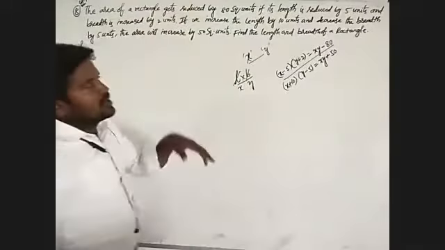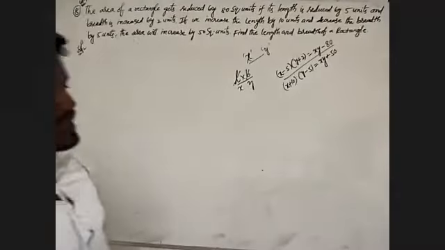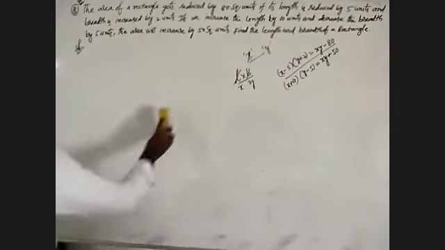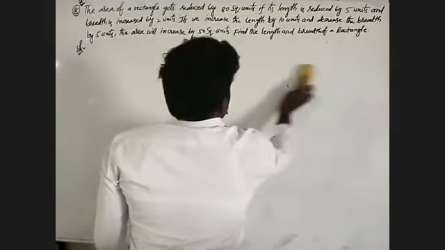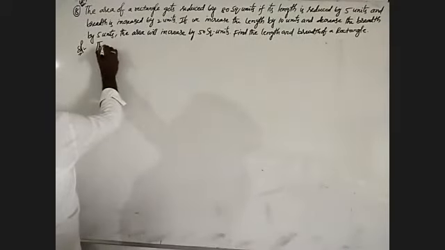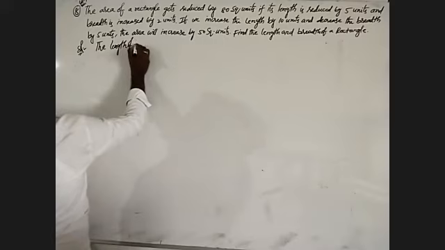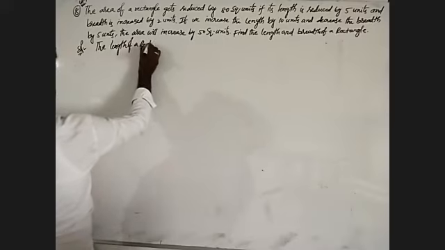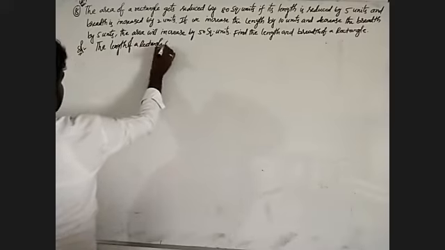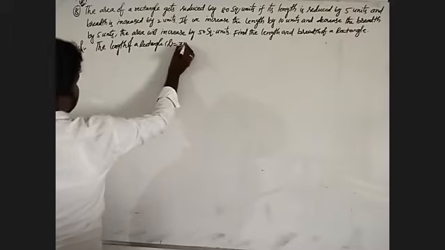Finally, we have to find the length and breadth of the rectangle by using a graph. Here, first I take the length of the rectangle, small l is equal to x meters.